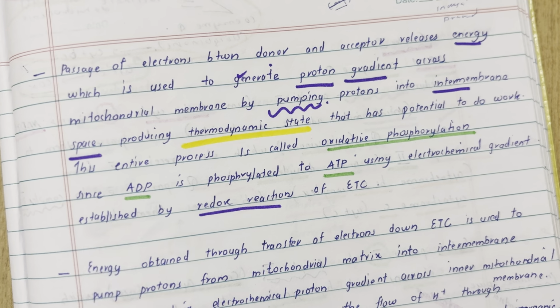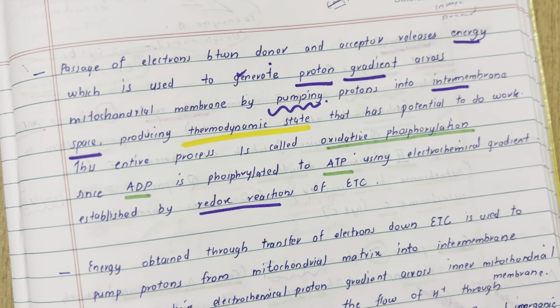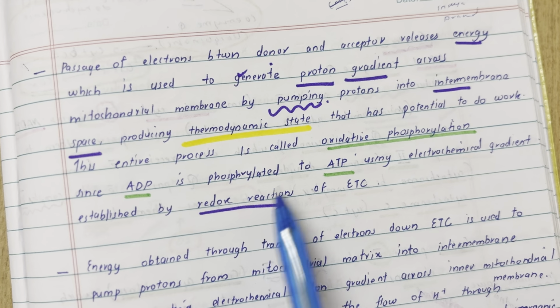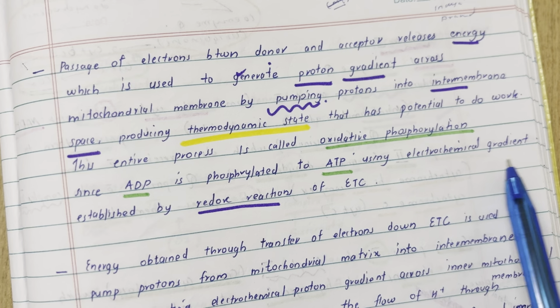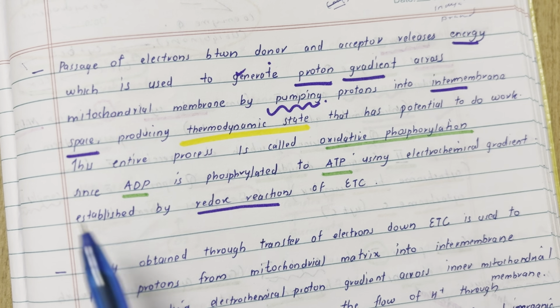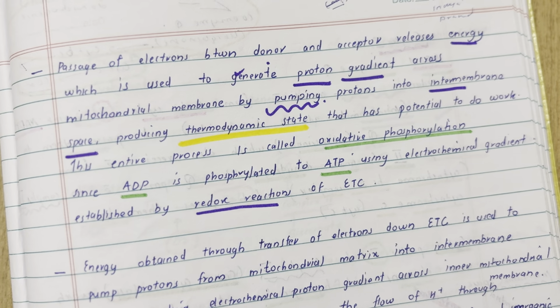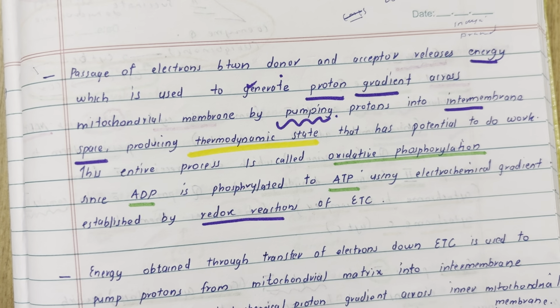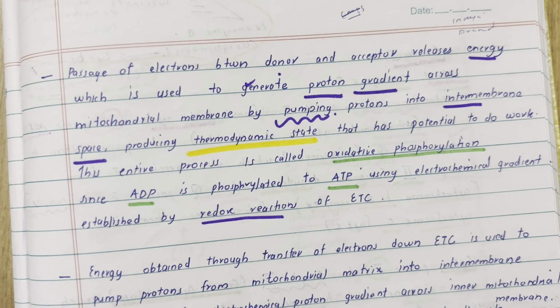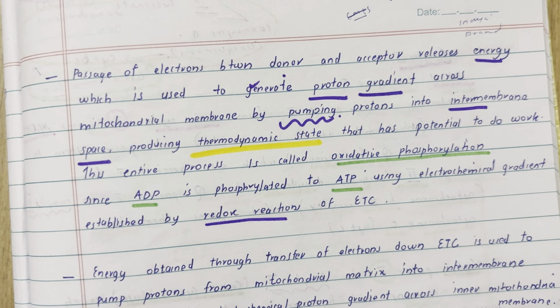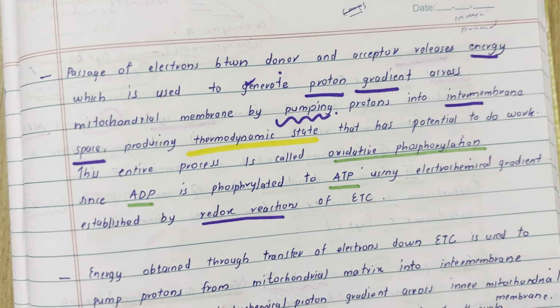So this entire process is known as oxidative phosphorylation, since ADP is phosphorylated to ATP using the electrochemical gradient established by redox reactions. We say that ADP is converted to ATP, and the process is oxidative phosphorylation. So what is this oxidative phosphorylation? That is what we see here.